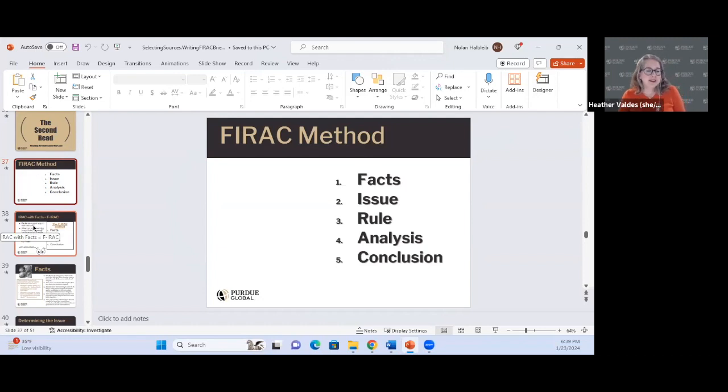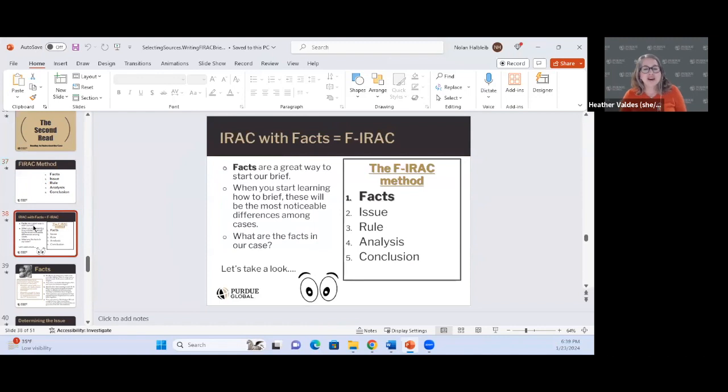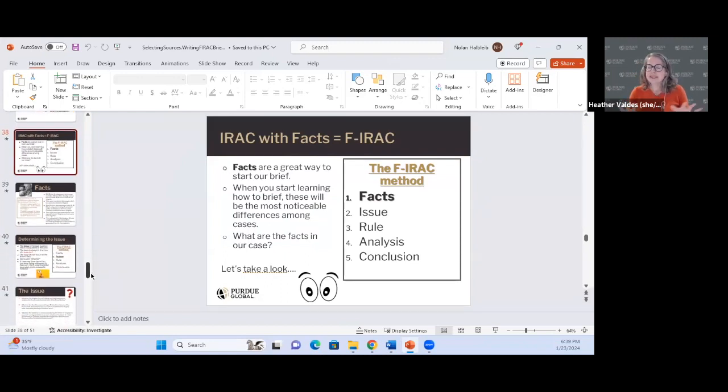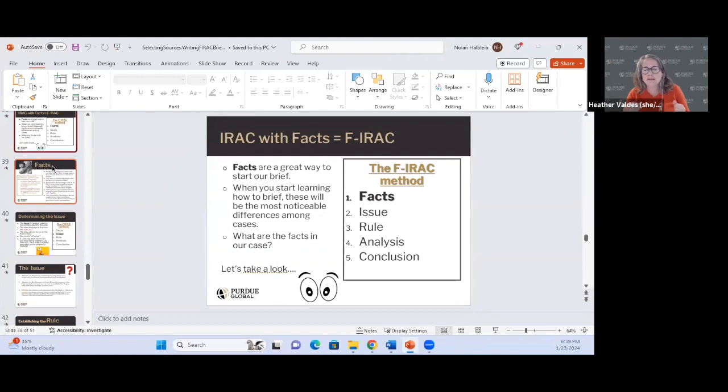Now, you may have heard of IRAC, Issue, Rule, Analysis, Conclusion. And this was all the rage in trending legal analysis, the IRAC method. But facts are really a great way to discern one case from another.